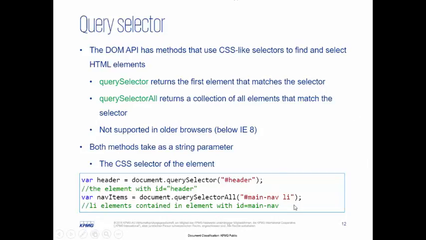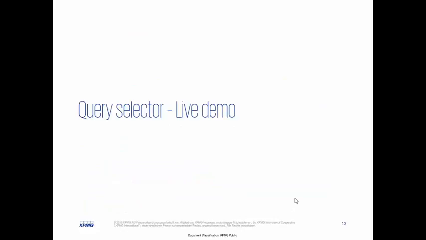If you want all the LIs under this ID, put a hashtag and then give the hierarchy of tags. It would either return a specific element or a collection of elements, depending on which one you're using. And if you know anything about CSS and how CSS selectors work, this is pretty much the same. So it's very useful.